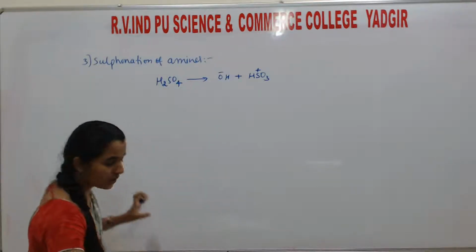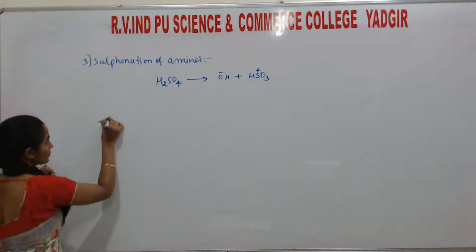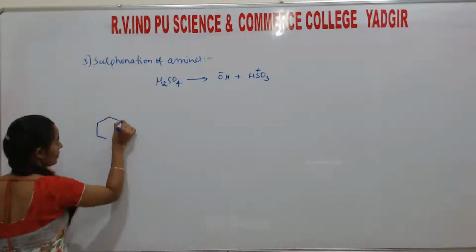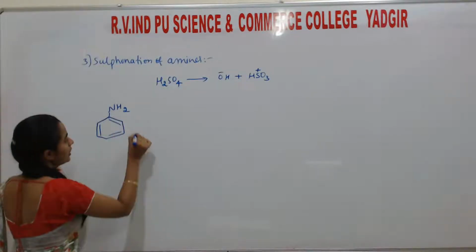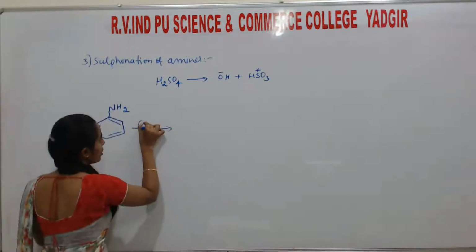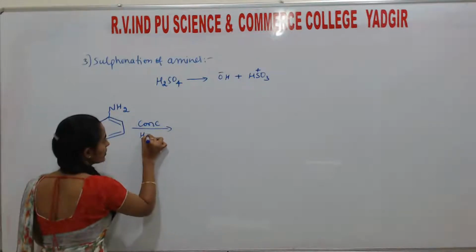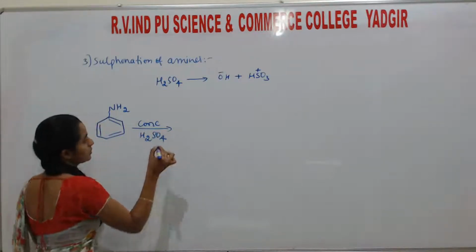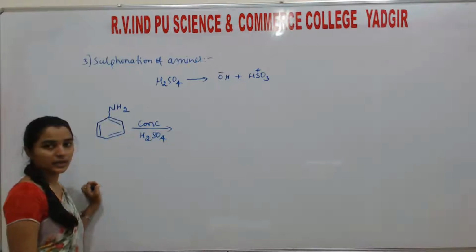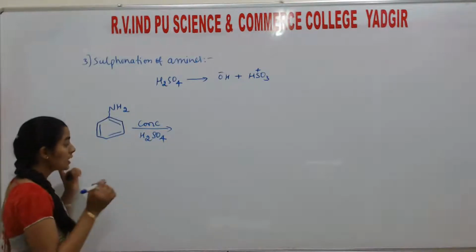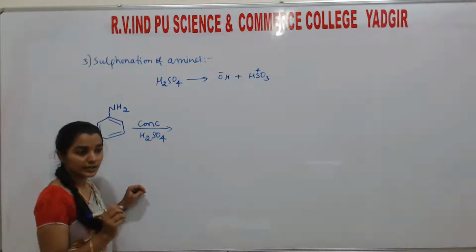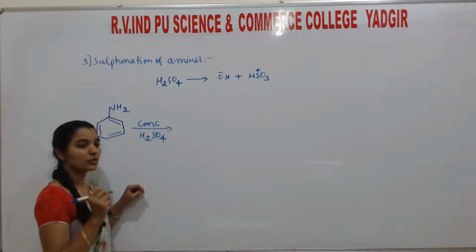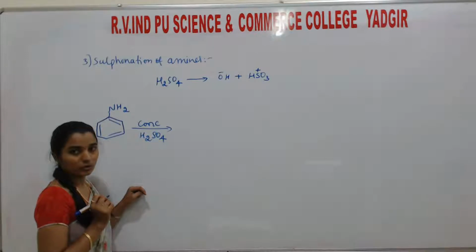Okay, students. In that, the first one is the aromatic amine. If it is treated with concentrated H2SO4 solution, remember, this H2SO4 solution is a dehydrating agent, which means it has the capacity to remove water molecules.